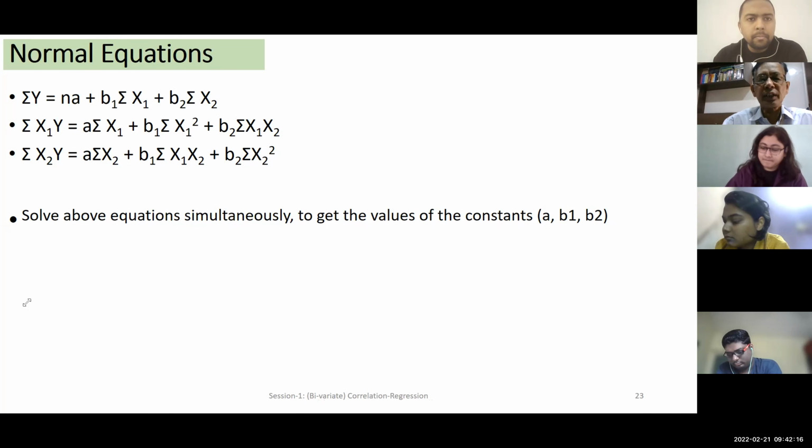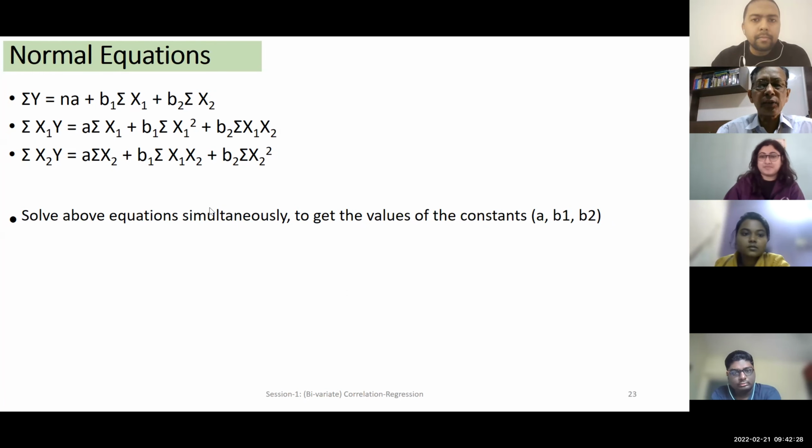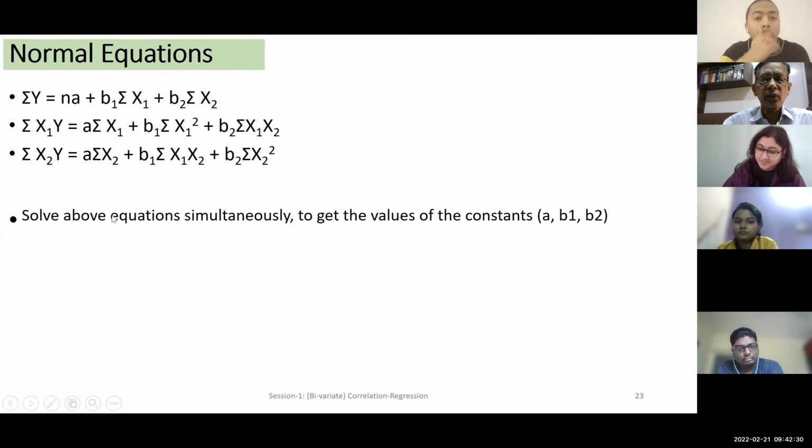If you solve these three equations, it will help us in getting the constants. The answer to the question I asked is written here on the screen. I think you're not listening to me carefully. Okay, this is the role here.